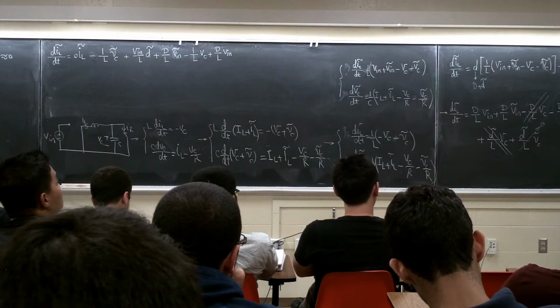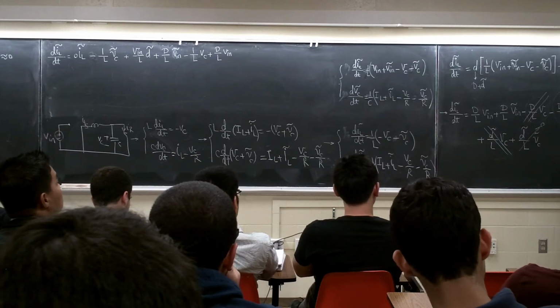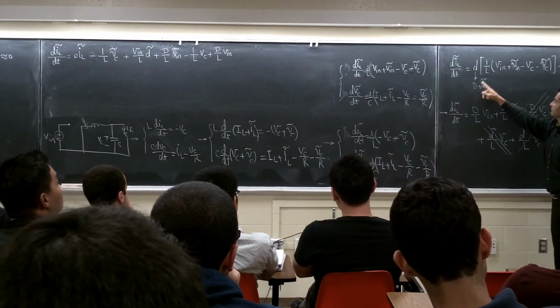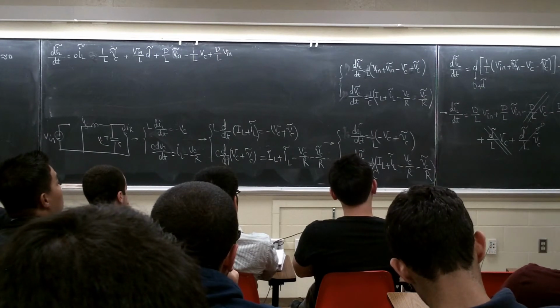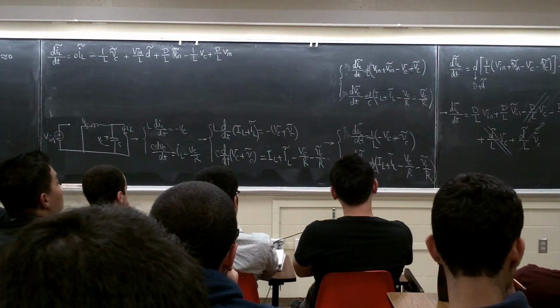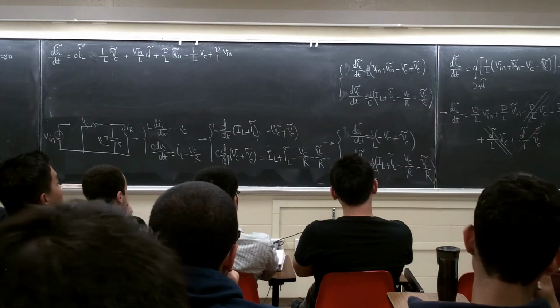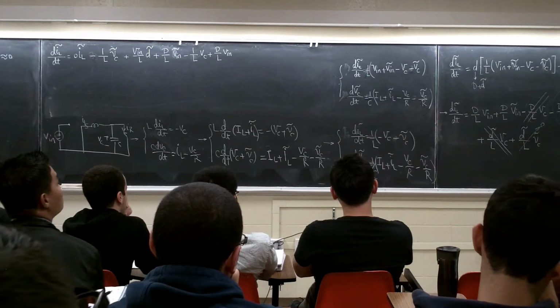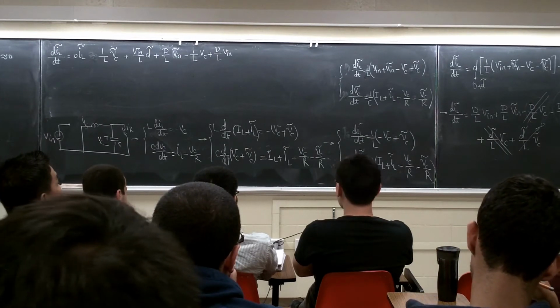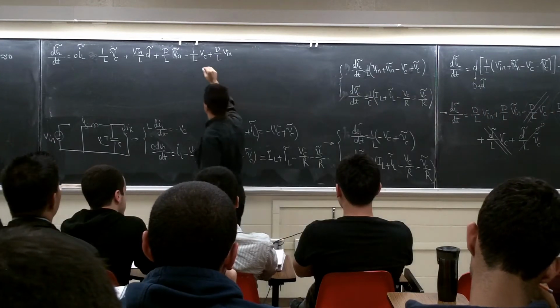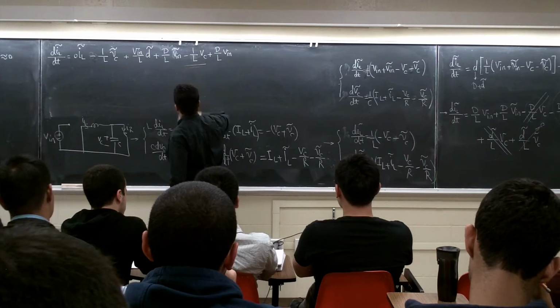Because here, look at here. I have a D over L Vc and I have a D over L minus D over L Vc. But that comes from the 1, right? One over L Vc. This one I know.